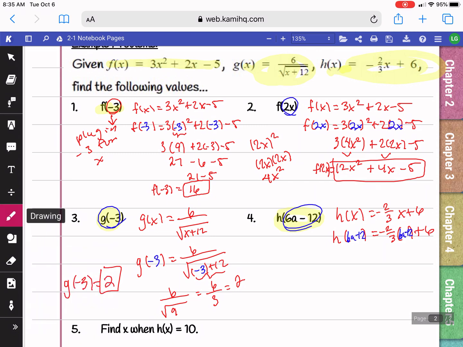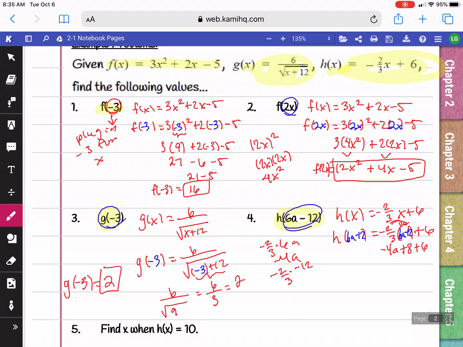Since there's parentheses, I'm going to distribute. Negative 2/3 times 6a means negative 2/3 times 6, which is negative 12 divided by 3, or negative 4a. Then negative 2/3 times negative 12: negative 2 times negative 12 is 24. If you divide that by 3, you get positive 8.